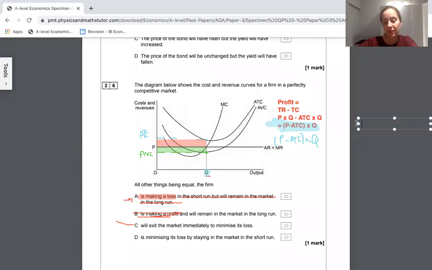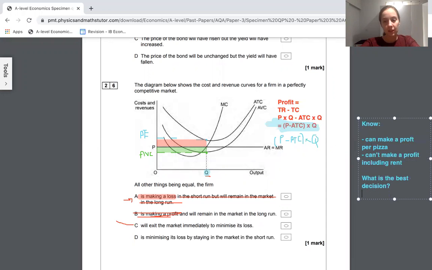So this company has a dilemma. They know they can make a profit per pizza, but they can't make a profit including the rent and all the other kinds of fixed costs that we haven't included yet. So what is the best decision? This company should make pizzas.